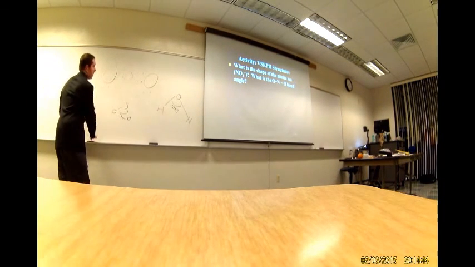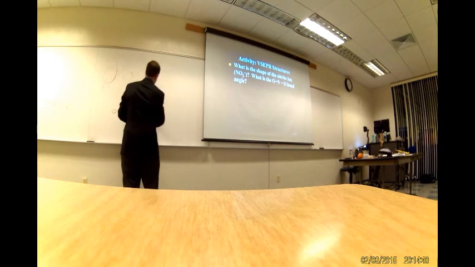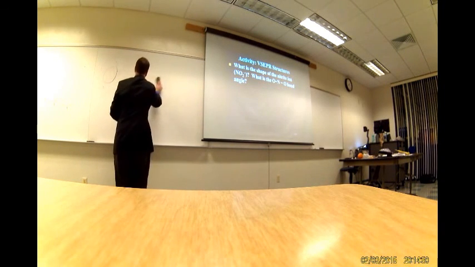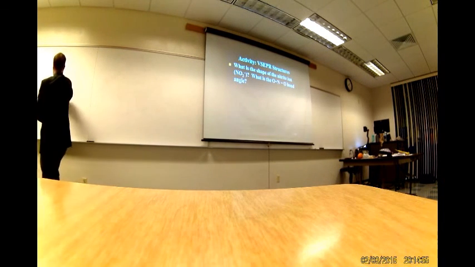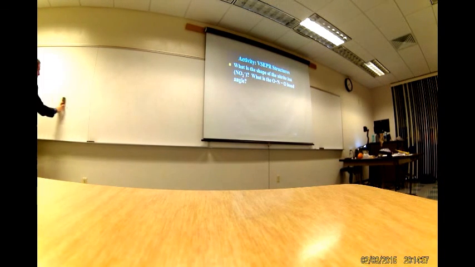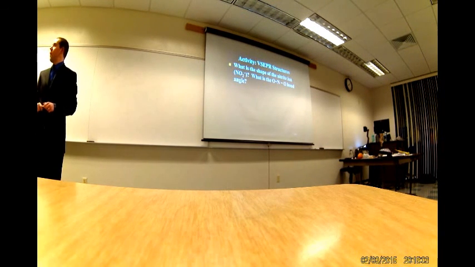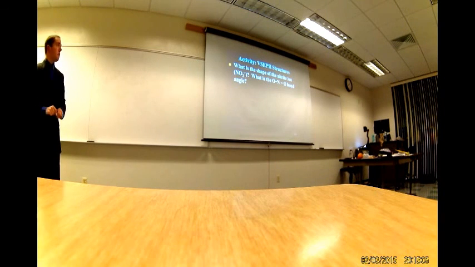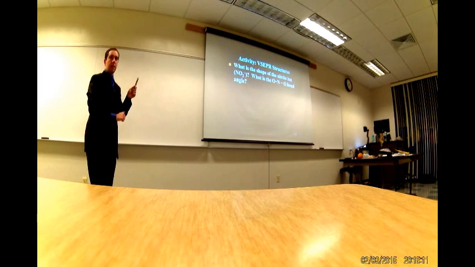So here's an example. What is the shape of the nitrite ion and what is the angle? So we have NO2 minus, how many electrons do we have? Two oxygens is 12, plus 5 is 17, plus 1 is 18. Don't forget the one that comes from the negative, okay?